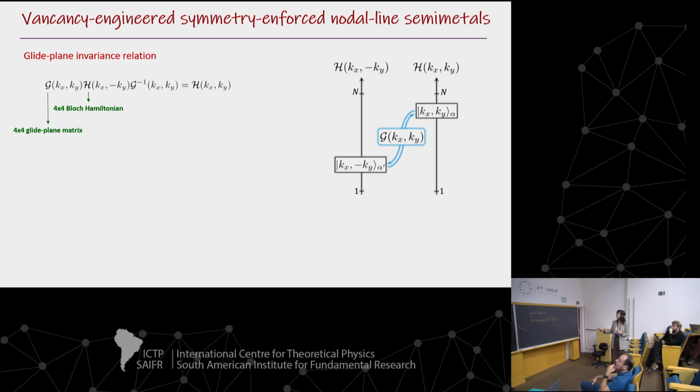will flip one of the momentum coordinates, and basically there will thus be an invariant glide plane eigenspace when this ky, in this case, is either 0 or plus minus pi, which means that in this glide invariant space, this operator commutes with the Hamiltonian, and therefore the Hamiltonian eigenstates are also eigenstates of this glide operator.